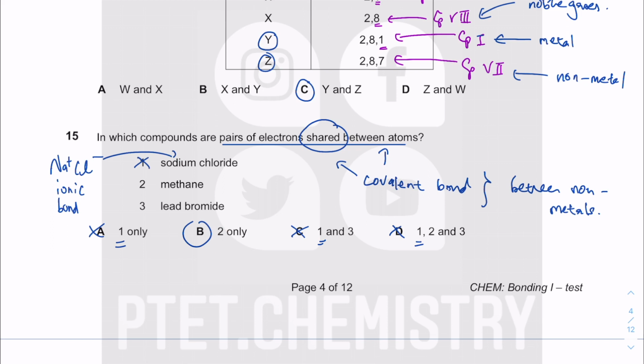Yeah, because even though you know methane is definitely correct, like that is CH4, we talked about it earlier. You can get CH4 as part of your case study. This is a displayed formula, which you can translate easily into dot and cross, because you can count the bonding electrons very easily using your knowledge of atomic structure, previous topic. Okay, the question really is lead bromide.